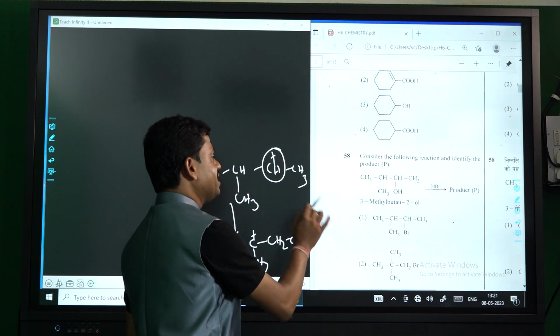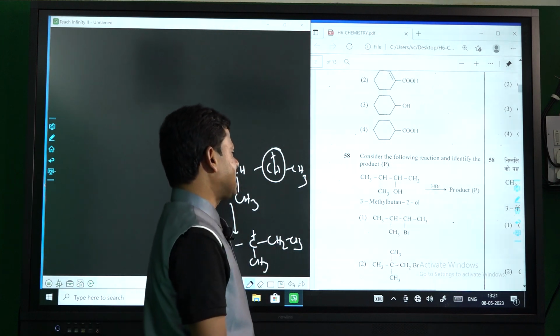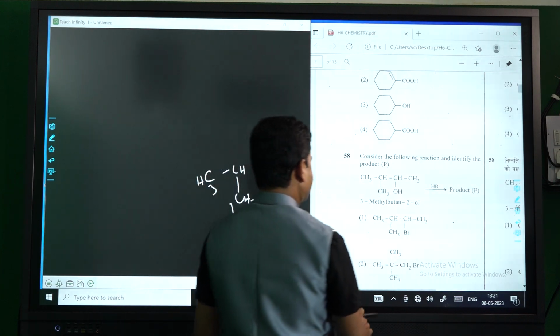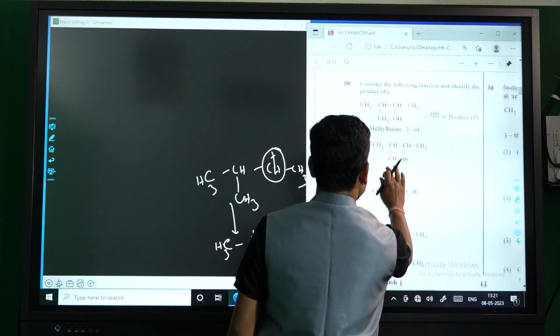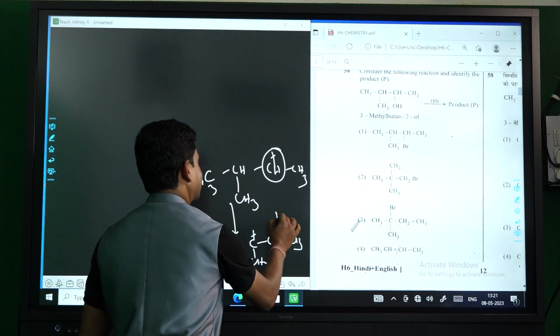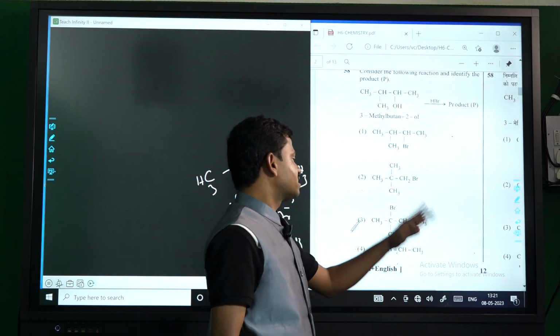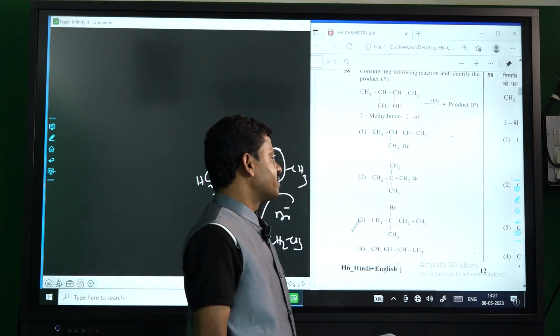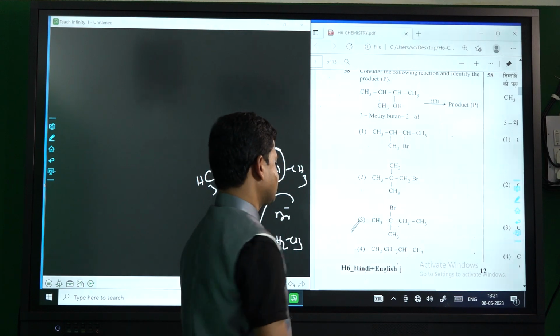And now Br minus behaves as a nucleophile and attaches at the 3 degree carbon. So option 3 is correct. When Br minus attaches to the 3 degree carbon, you get the correct structure. That means 2-bromo-2-methylbutane is your correct answer.